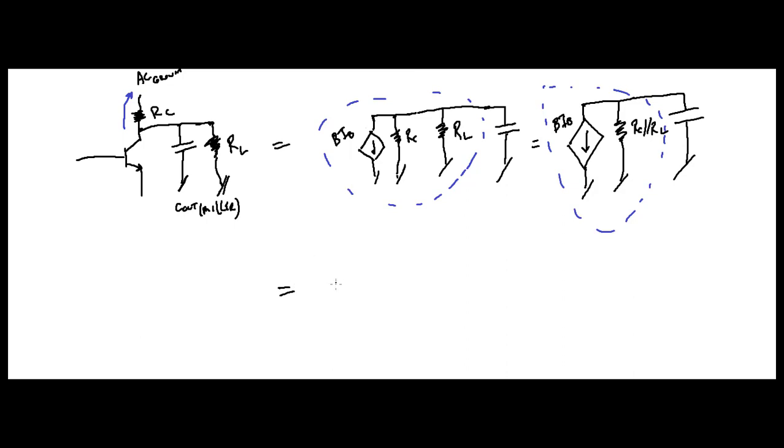And when you do that, you can change that current source to a voltage source with a resistance in series with it, right? Now this will be known as V Thevenin. I'll put it over here, V Thevenin.